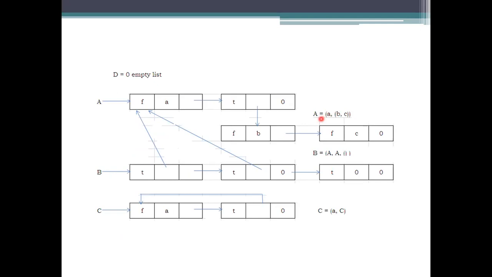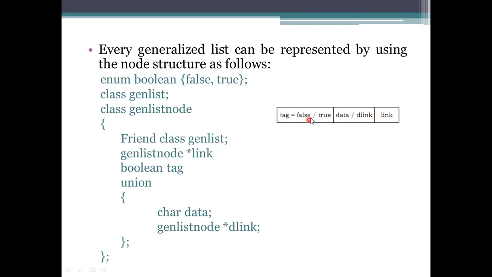It is having an atom, specify an atom here. If it is having a list, specify the list here, then the tag will be true, meaning if you are having the list, you need to represent it as true. If not, represent it as false here.